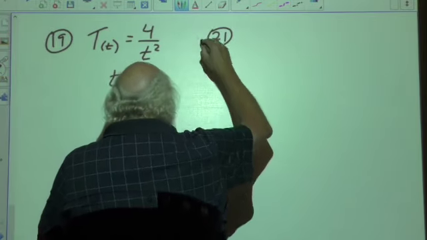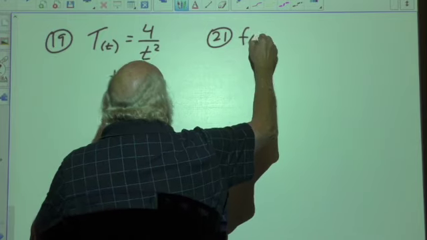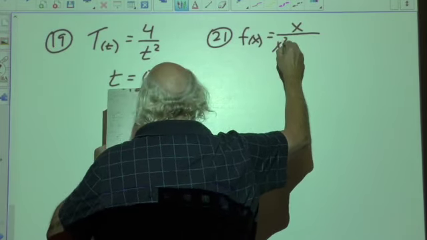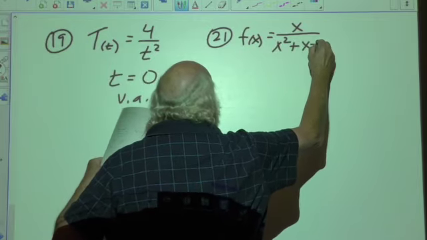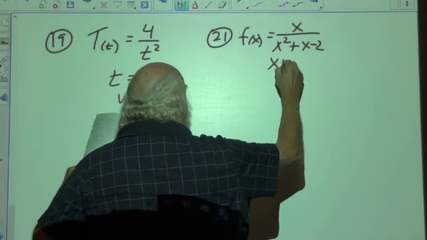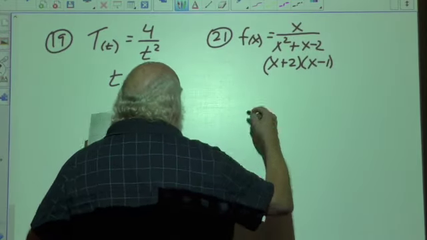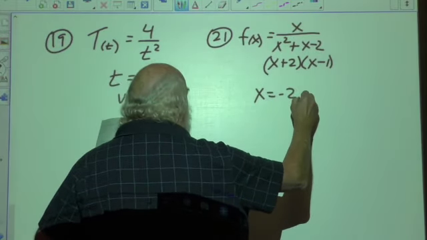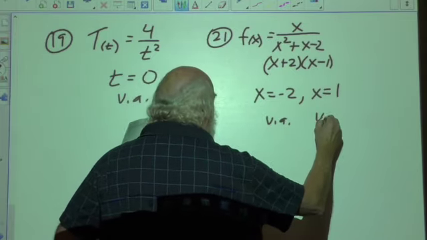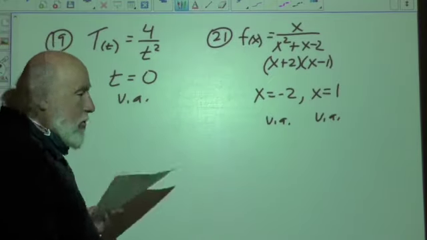We have f of x equals x over x squared plus x minus 2. This is factorable to x plus 2 times x minus 1, and nothing can cancel. That means x equals negative 2 and x equals positive 1 are your vertical asymptotes. So there's a lot of factoring that's going to be involved in this.